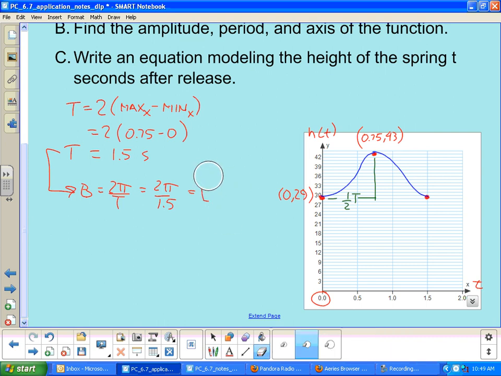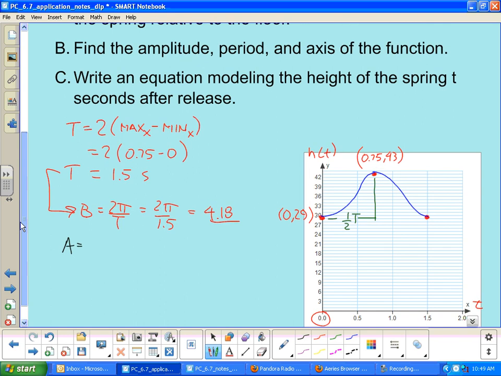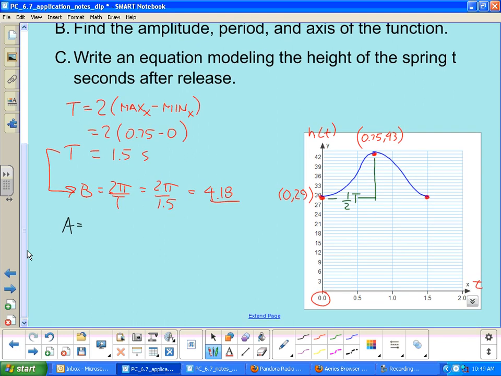Let's go find A. How am I going to find A? Max minus min divided by 2. Max minus min. All right, somebody have this number for me? It's 7.